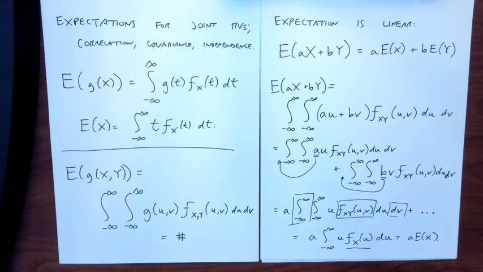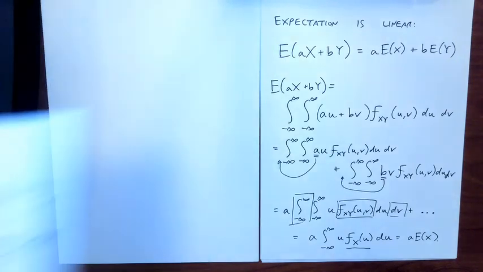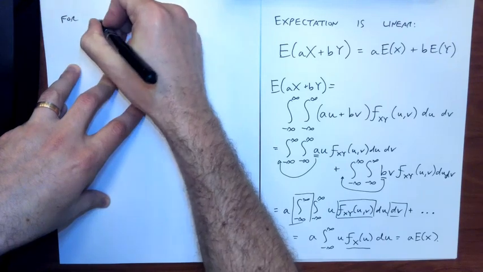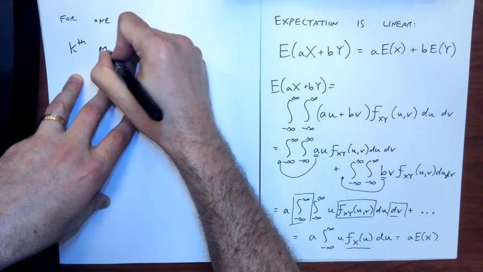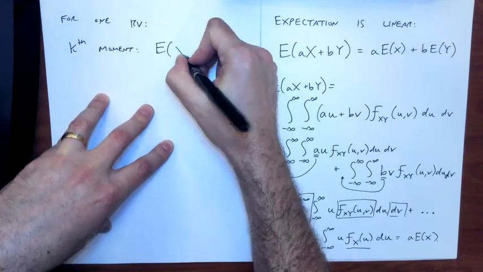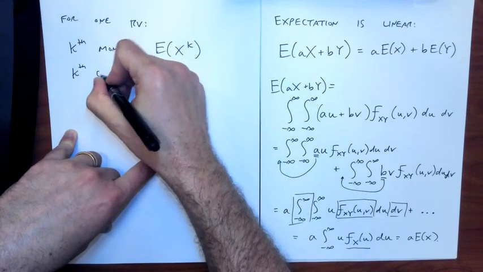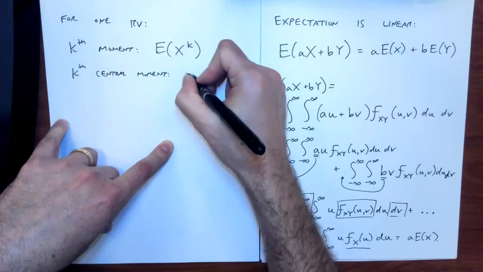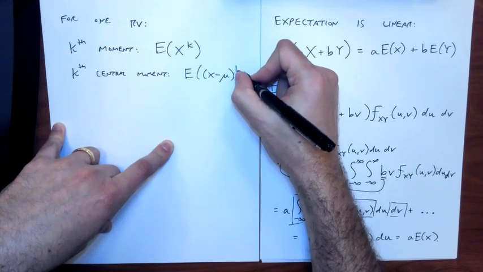So just like in 1D, we had this notion of what we called moments. We didn't hit this concept super hard, but basically for one random variable, we defined the kth moment, which was the expected value of x to the k power, and we also defined what was called the kth central moment, which was the expected value of x minus the mean to the kth power.